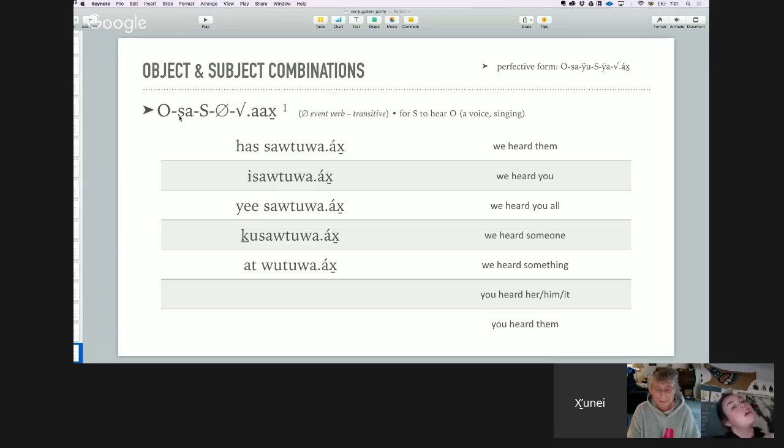If this were sa with, let's say, the hle classifier, it would say sai hle. But because it's zero, we should expect siya. Okay, so there's zero and everything else, and that's very common in Tlingit, whether you're talking about conjugation prefix or the classifier, which shows you that zero is the default, but it also has these different functions. Okay, you hear them.